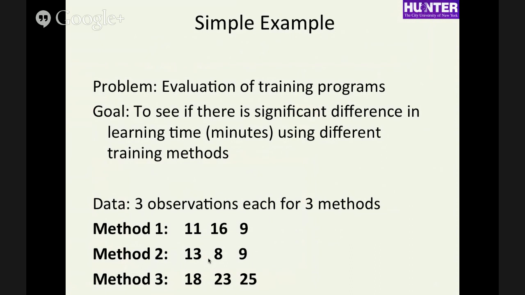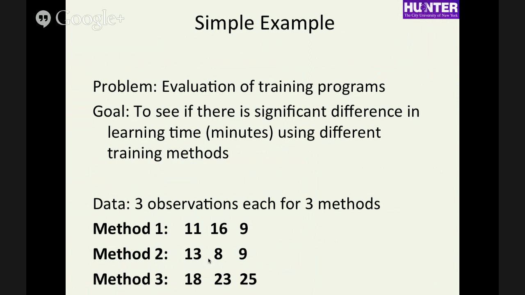Here's another example, an evaluation of training programs. Doesn't matter what it is. The important part for applicability of analysis of variance is that we have a continuous outcome. So here, instead of response time, it's a learning time using 3 different training methods.